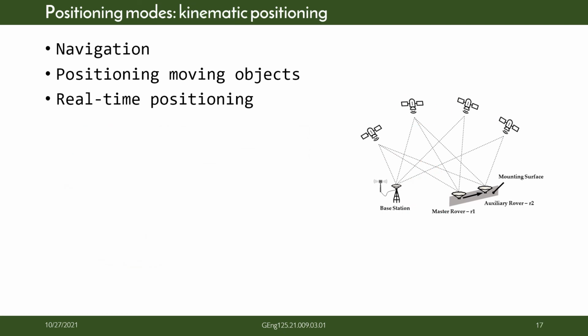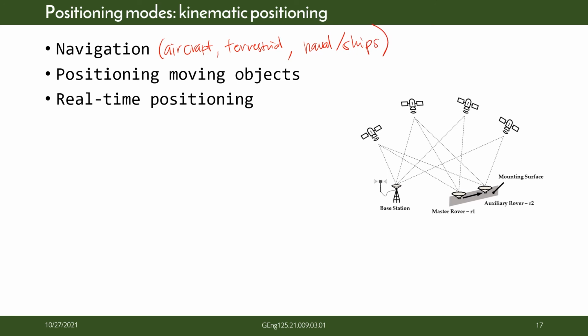Kinematic positioning is also preferred in geodesy. This is used in navigation. When we say navigation, it can be aircraft, terrestrial, such as your cars, and also naval ships.